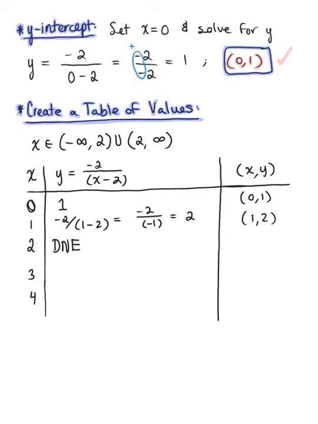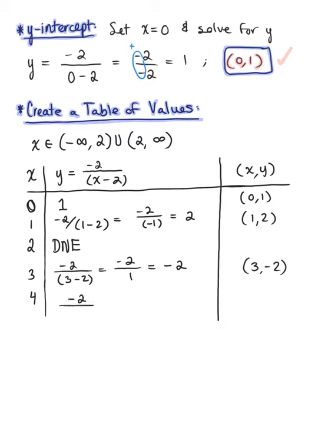Now, when x is equal to 3, we have -2 divided by 3 minus 2. So this is leaving us with -2 over 1, which is a beautiful final answer of -2. So another solution point on this graph is the ordered pair (3, -2). And last but not least, we have when x is equal to 4.